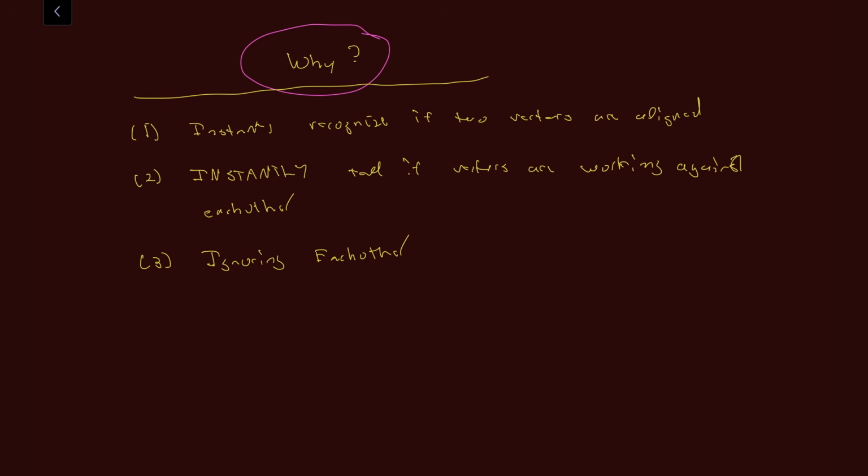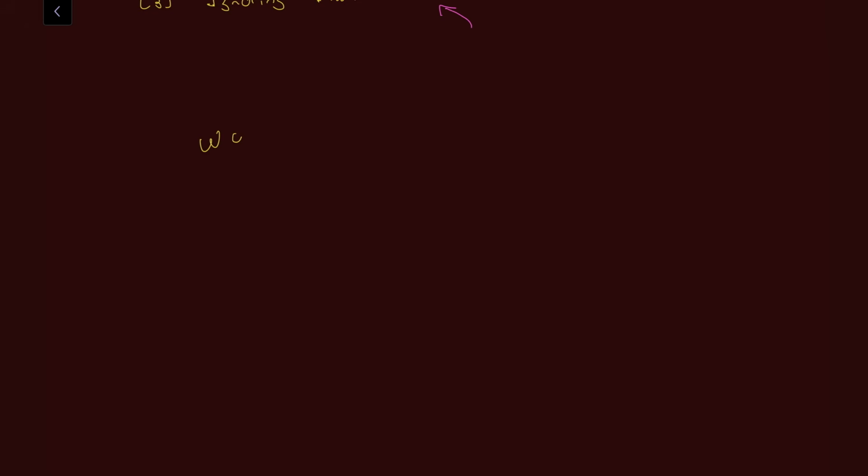And lastly, you can instantly tell if two vectors are just completely independent of each other, again, without having to do any arithmetic. Now, this is going to become incredibly empowering when you start to learn about work, power, electric fields, and force decomposition later on in your physics career. The dot product is pretty much everywhere throughout physics, and now that you understand what it's actually measuring, this insight is going to put you ahead of the curve.